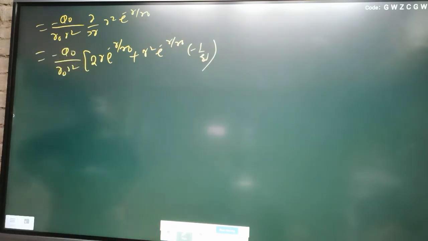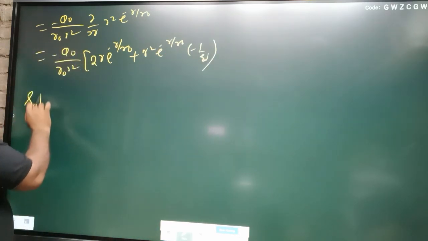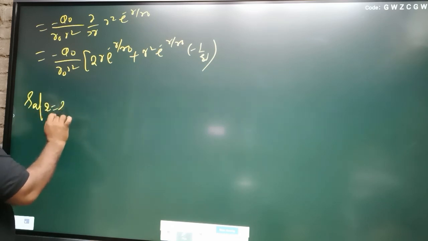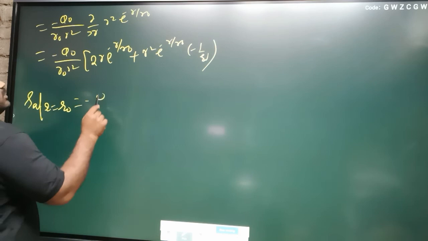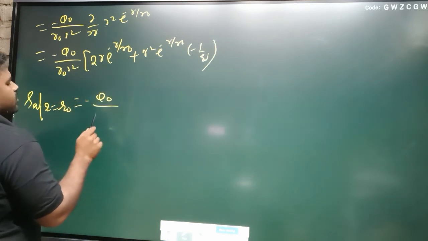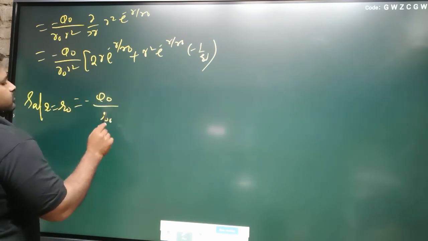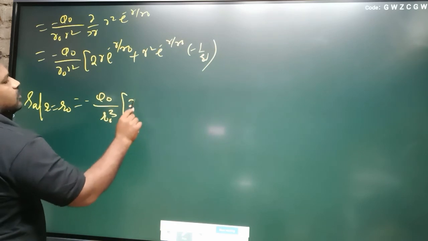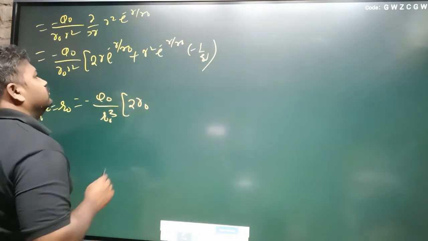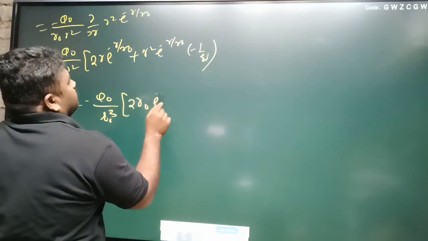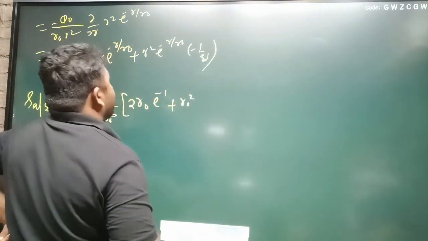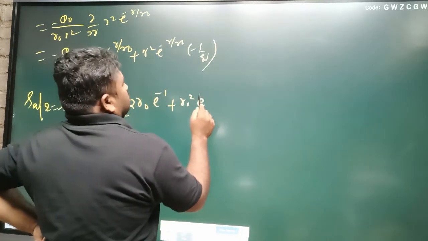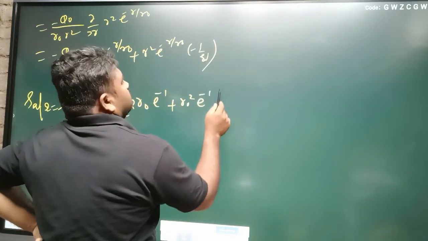Find out the rho at r is equal to r naught. R is equal to r naught means minus phi naught upon r naught square r naught cube 2r naught, e raised to power minus 1. r naught होऊन जाईल सर डायरेक्ट r naught कॅन्सल.